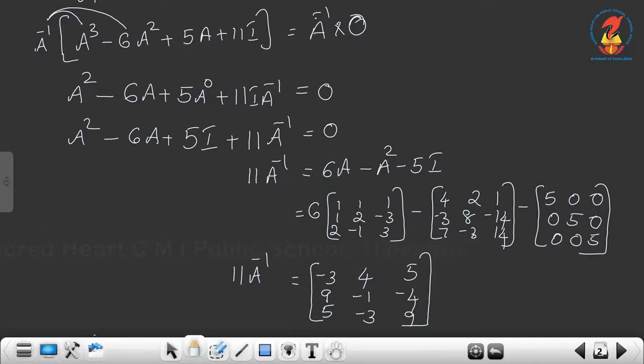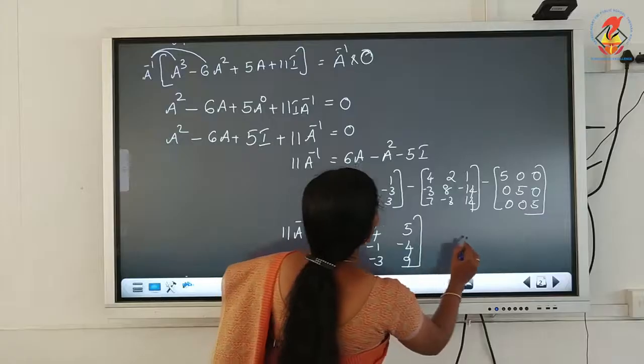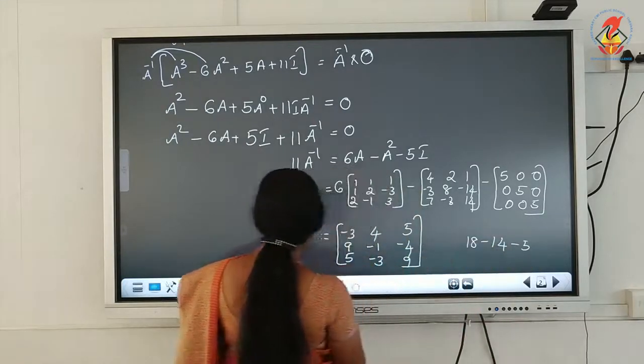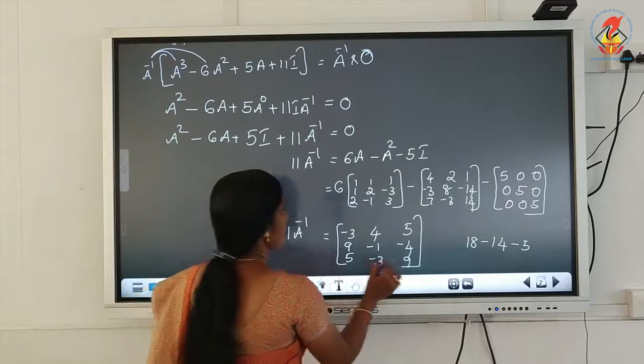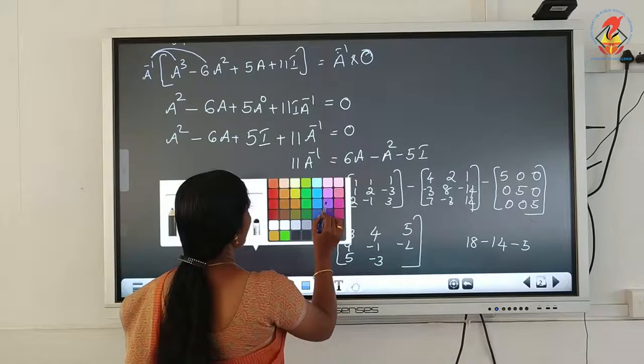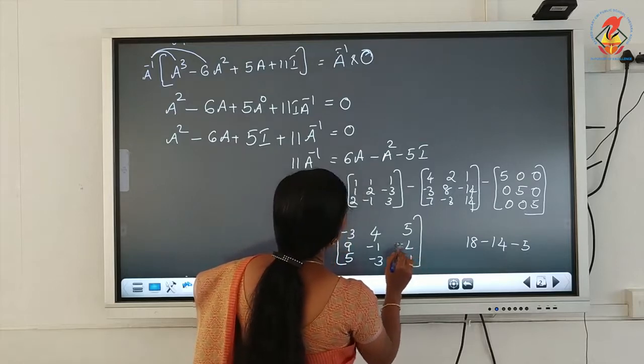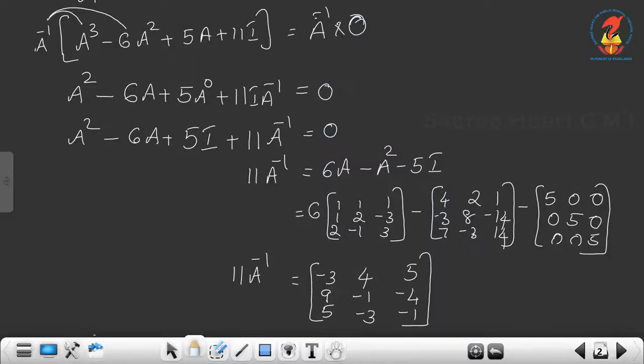So minus 3, 4, 5, 9 minus 1 minus 4, 5 minus 3, then 18 minus 14 minus 5. The last element is minus 1.